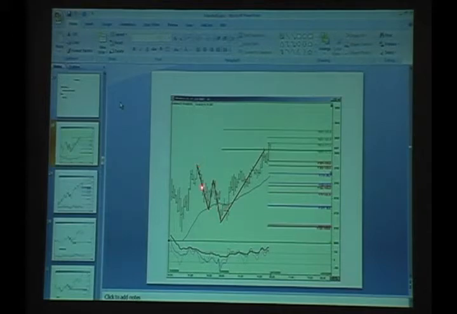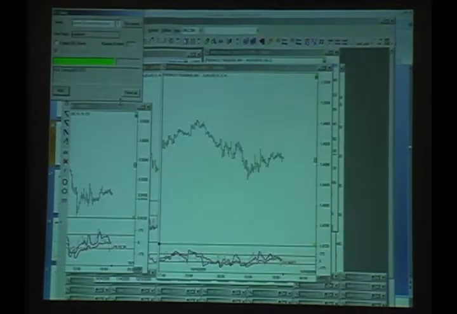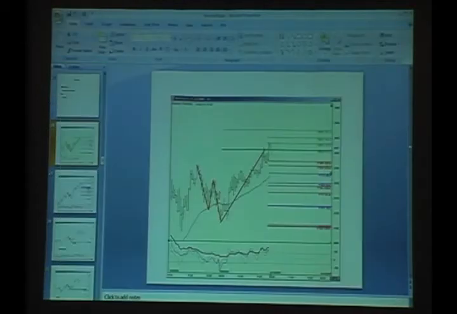You can see what happened is, here a lot of people would have been thinking about shorts, and actually that's what happened. Oh, it took out the prior swing low. This is going to go down. Well, at this point in time, we had a lot of support there based upon the Gartley pattern. And you see what happened is it made it all the way up to the target, the 1272 target.